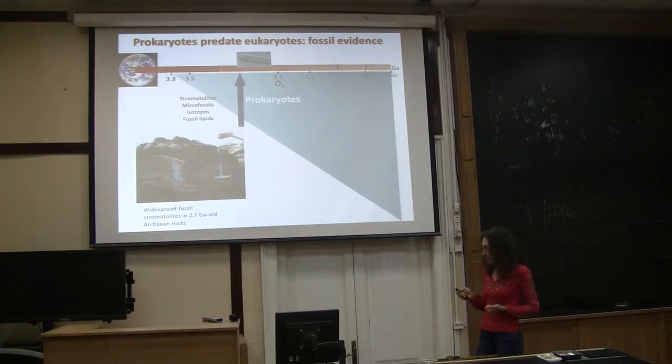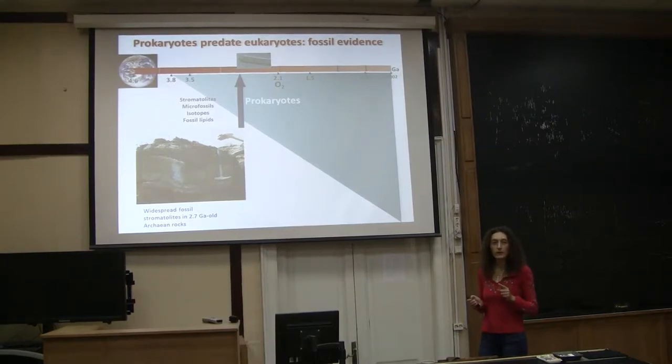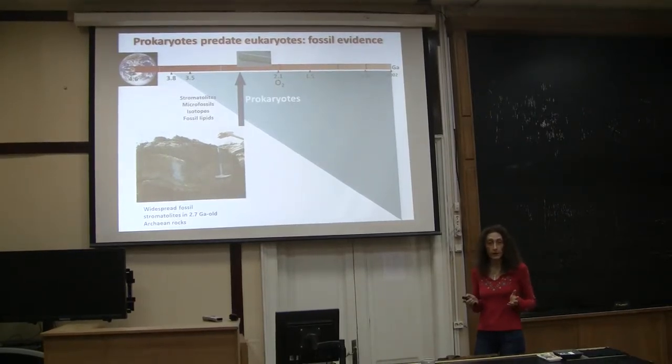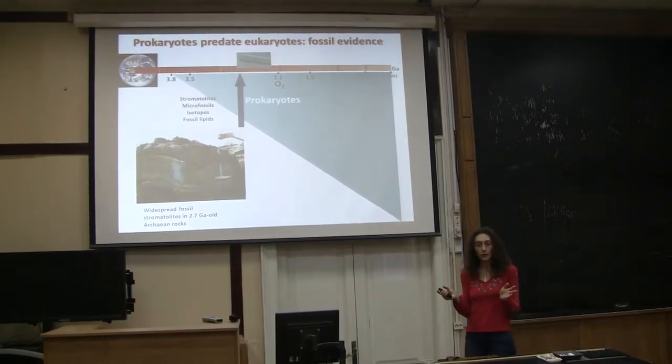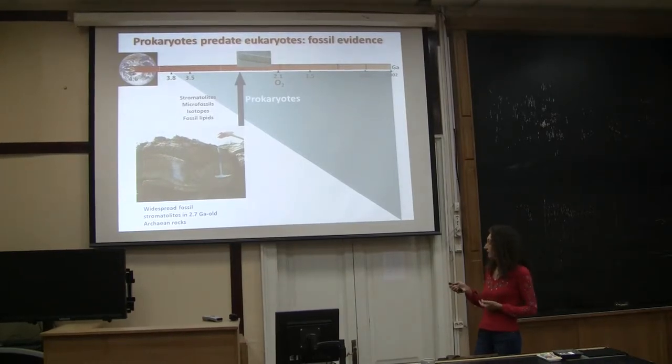Okay, so this is fossil evidence for the existence of prokaryotes. Furthermore, one additional point is that cyanobacteria is a derived group of bacteria, so it means that bacteria had already diversified. So most likely bacteria evolved much earlier.